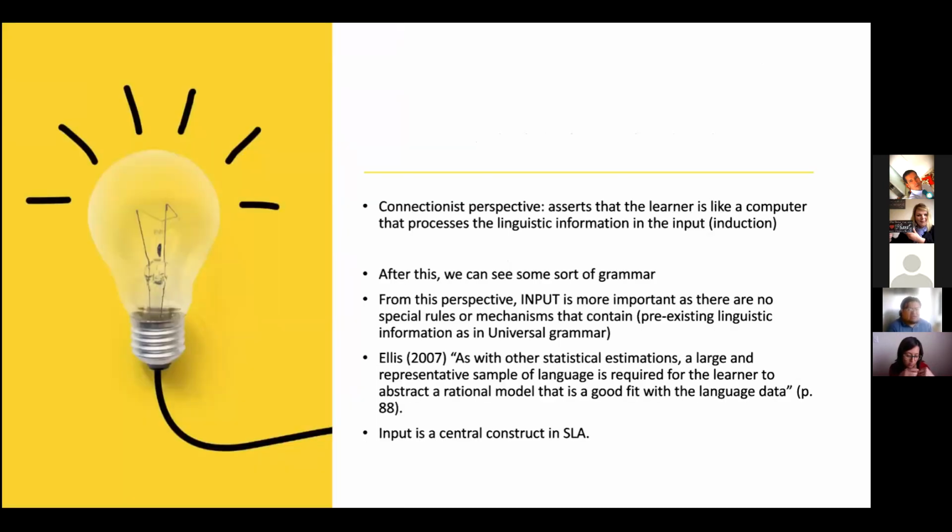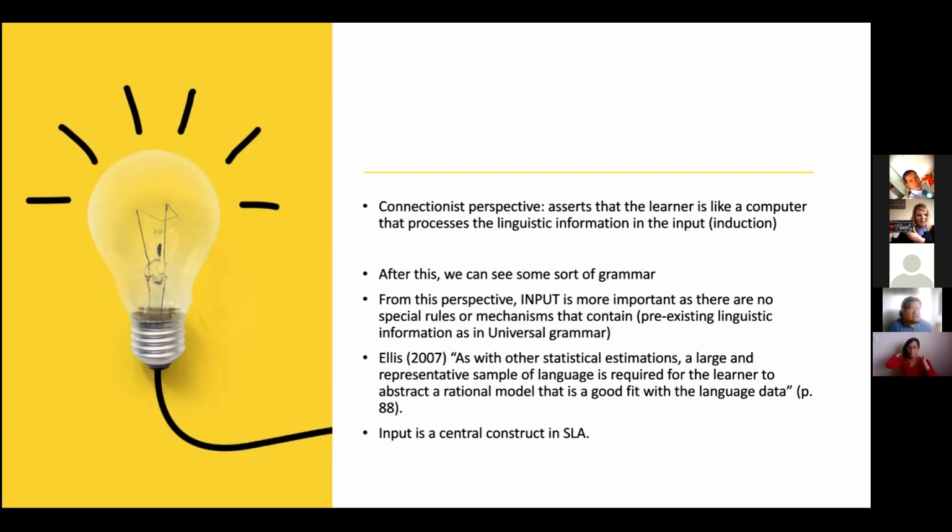Now, on the other hand, we have the connectionist perspective, which explains that the learner is like a computer that should process the linguistic information. They should be inductive, as we just heard. That's what's necessary here. We need to remember that this perspective explains that the learner should be inductive every time it's learning the language.